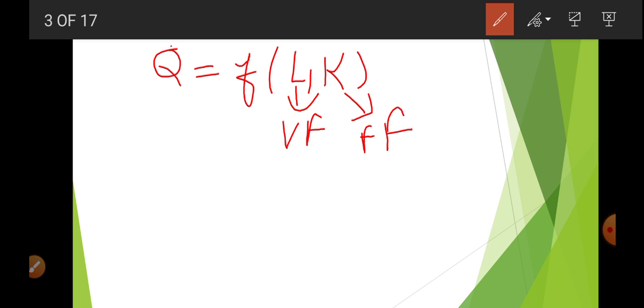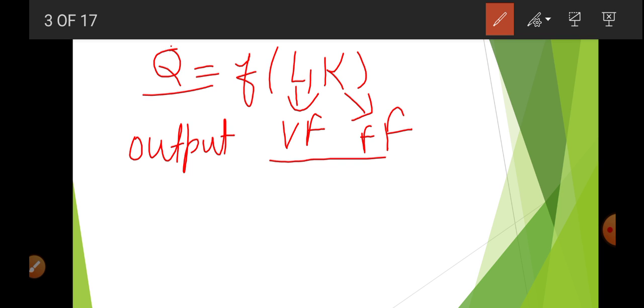Q means output, and L and K, the variable factor and fixed factor, stand for input. So output depends upon input.